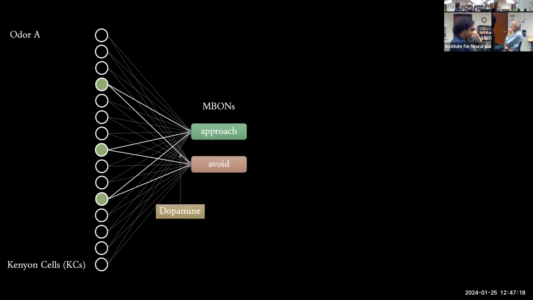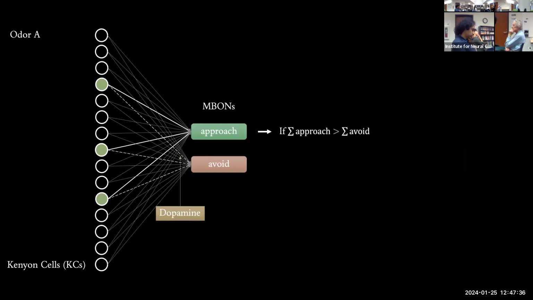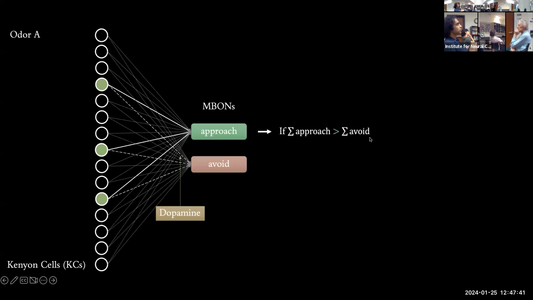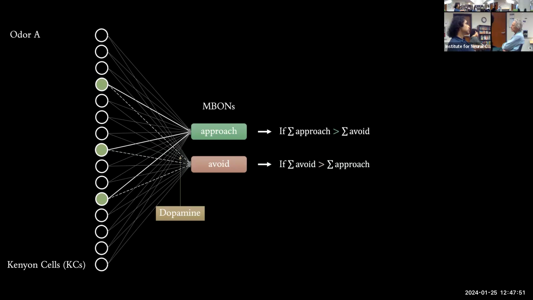What it does is release dopamine around the synapses between the active Kenyon cells and the avoid neuron, and will reduce the synaptic strengths between those neurons, so that the end result is the amount of activation received by the approach neuron will be larger than the amount of activation received by the avoidance neuron. So the fly will learn to approach this odor, and vice versa if you want to train the fly to avoid this odor.